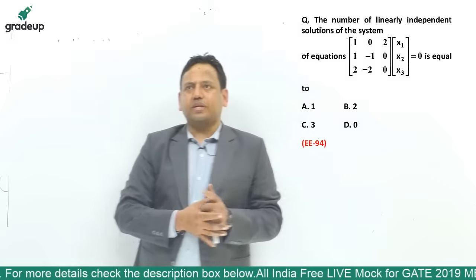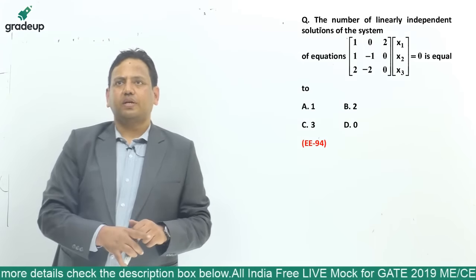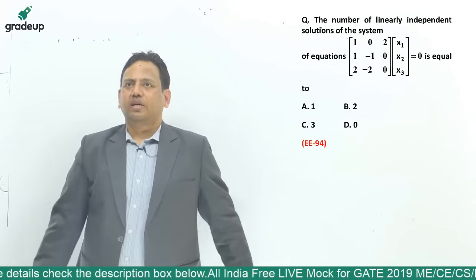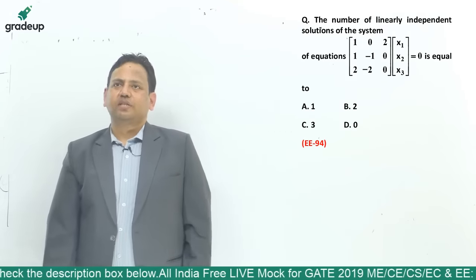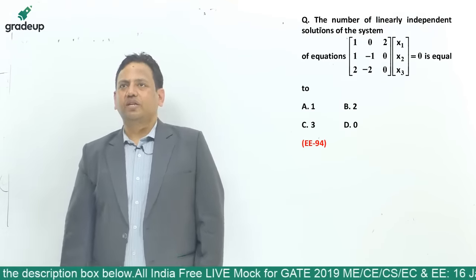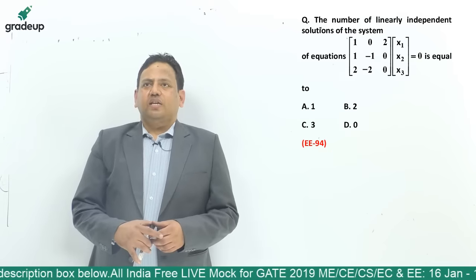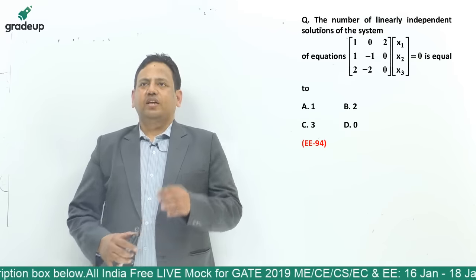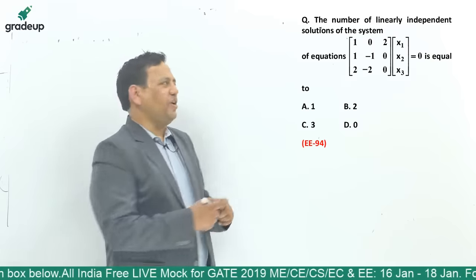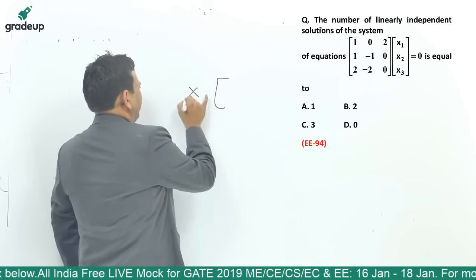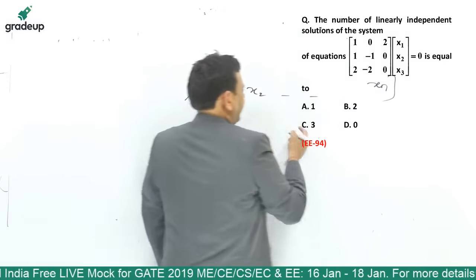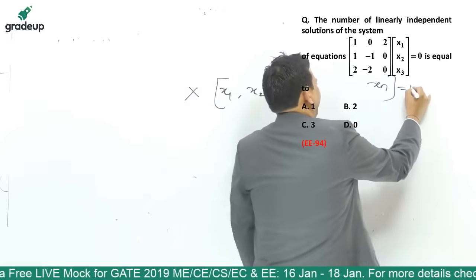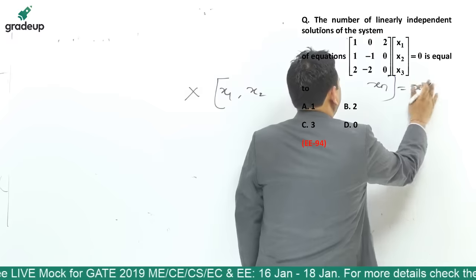Everybody try this question. Now start with the question, you will understand the concept. Siddharth, if I am saying non-trivial, suppose this is the value of x: x1, x2, xn. Now it should not be a null matrix. What do you mean by null matrix?